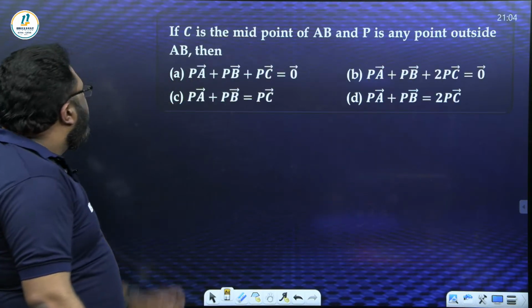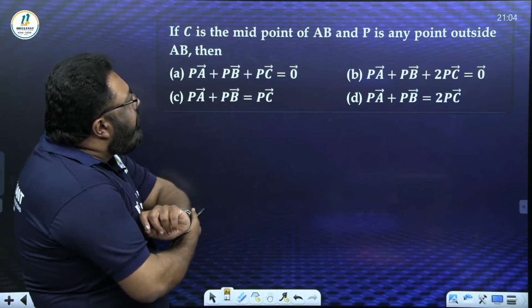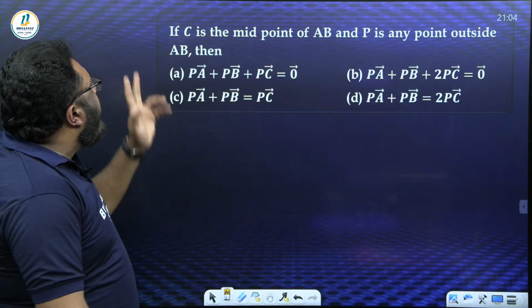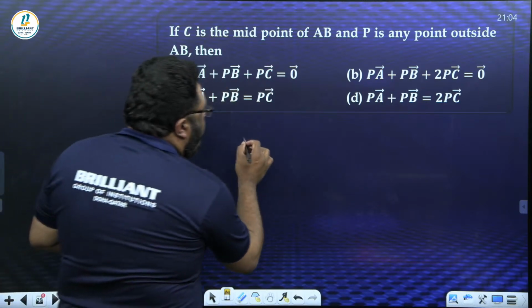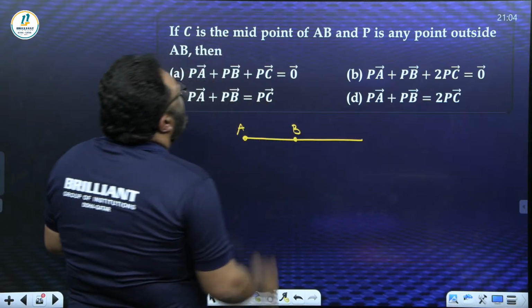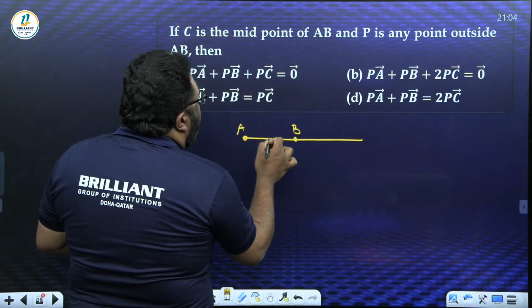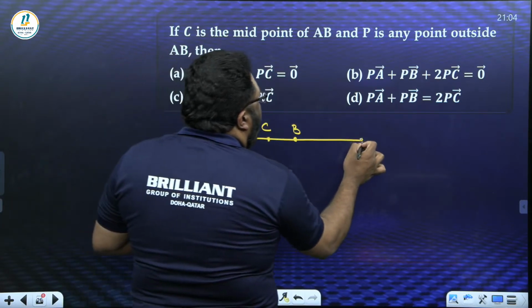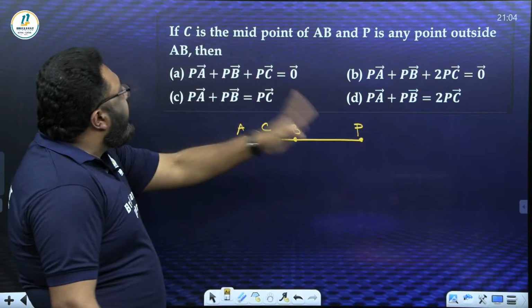Yes. Next one. C is the midpoint of AB and P is any point outside AB. I have A, I have B, and C is the midpoint of AB and P is any point outside AB.